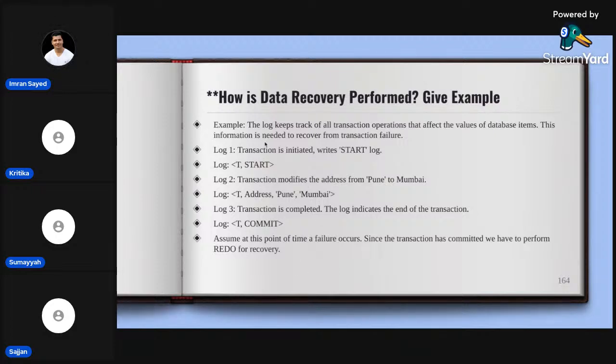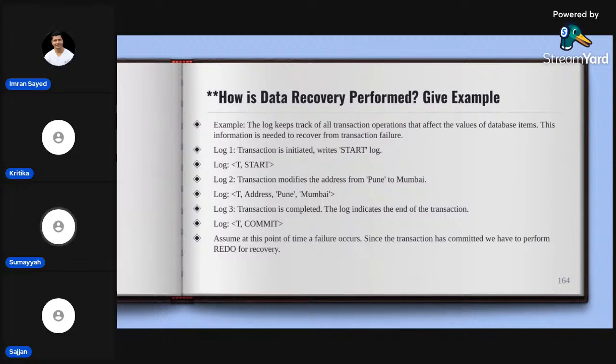So Maya, can you just quickly explain this part? The log keeps track of all transaction operations that affect the values of database items. This information is needed to recover from transaction failure. Log one: the transaction is initiated, write start log.